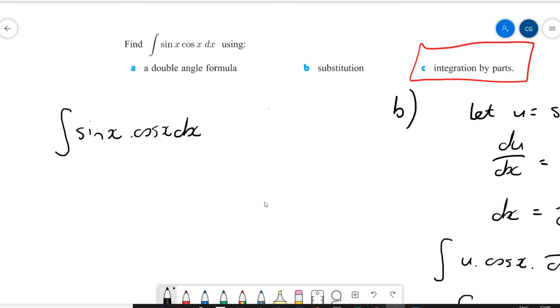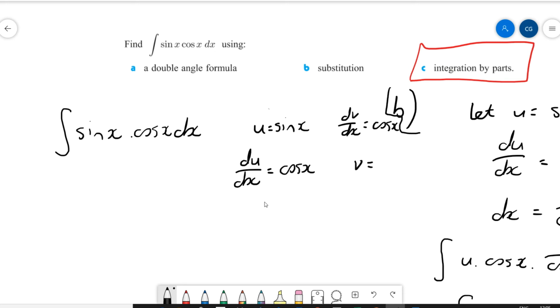And now I'm going to use integration by parts. So to use integration by parts, I'm going to say let u equals sine of x and let dv dx equal cosine of x. Okay, so du dx is equal to cosine of x. And if I were to integrate this, dv dx is going to integrate into sine of x.